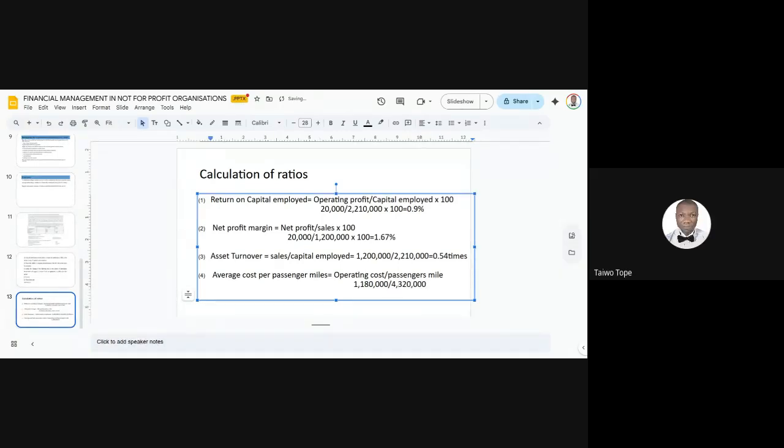So what would now be the average cost per mile? 0.27. Is it just 0.27? Yes, in naira. I want to get that word naira. 0.27.